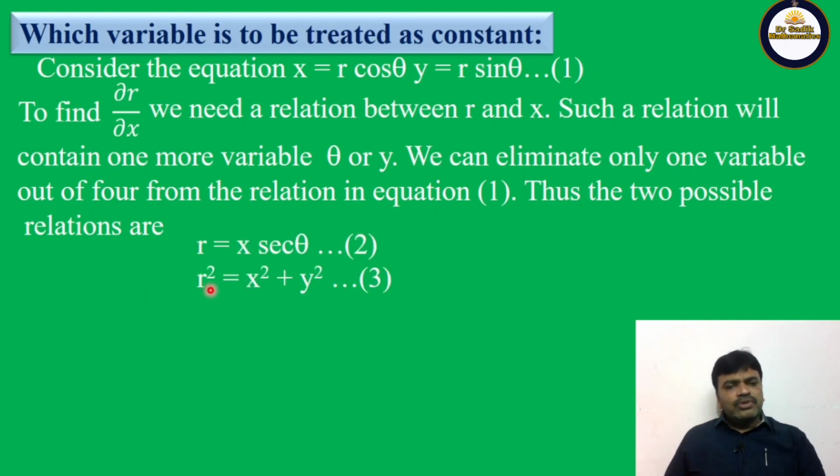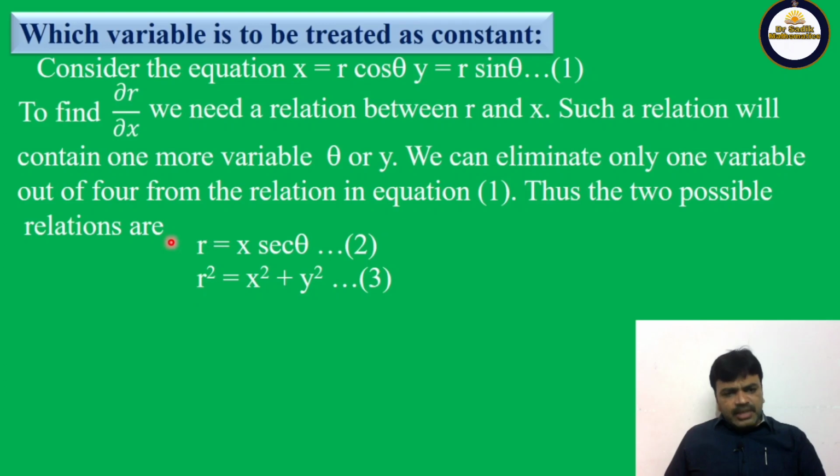Now we know r² is equal to x² plus y². Now I want to find the ∂r/∂x value. Here I have r and x, and here also I have r and x.